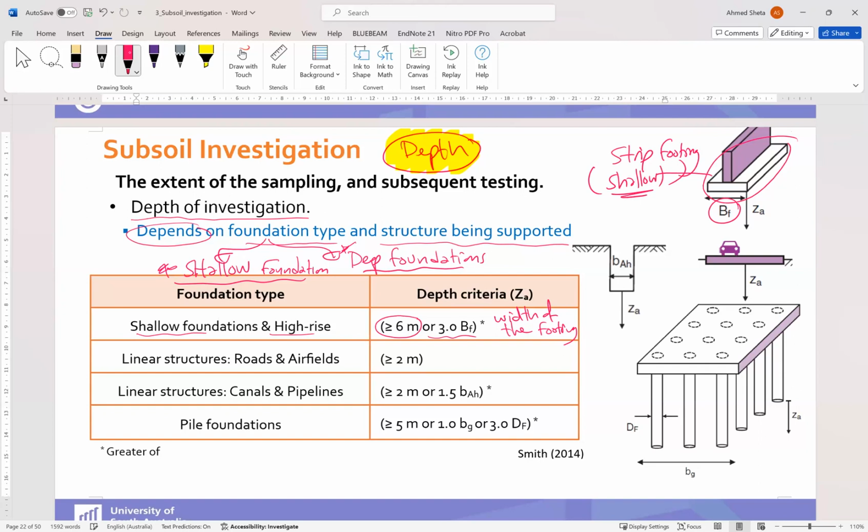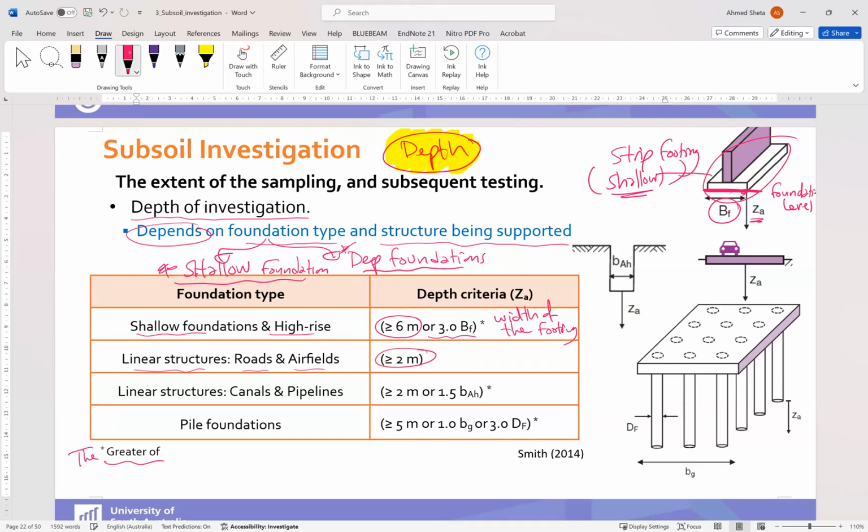Okay, BF is the width, so the depth criterion ZA underneath the footing, which is called foundation level. So ZA from this point should be more than 6 meters or 3 BF. We will take the greater of them.